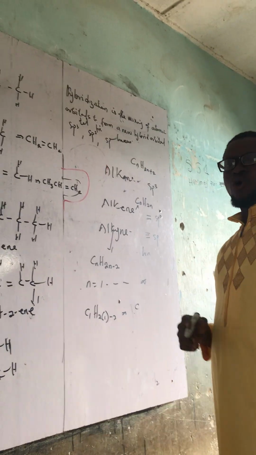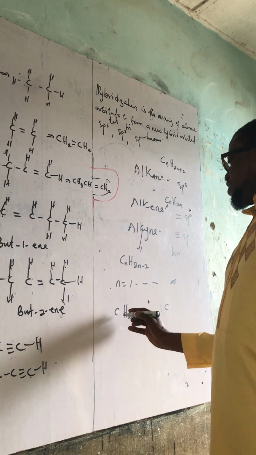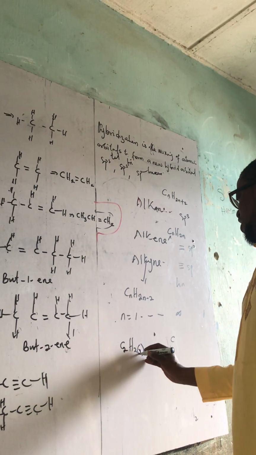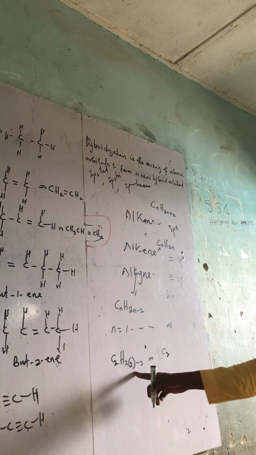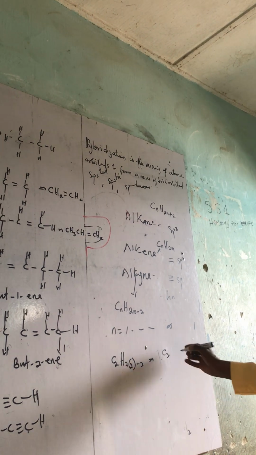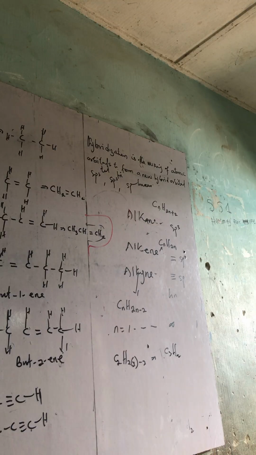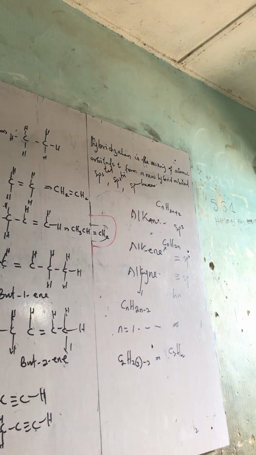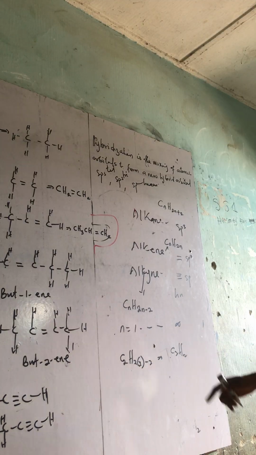So let's try the second one now, ethyne, when n is 2. So C2, this is 2 times 2, 4, and then 4 minus 2 is 2. So I'm having H2. So this is the second member of the alkyne family, and it is called ethyne.